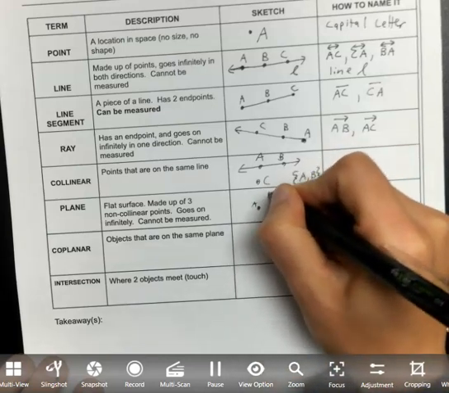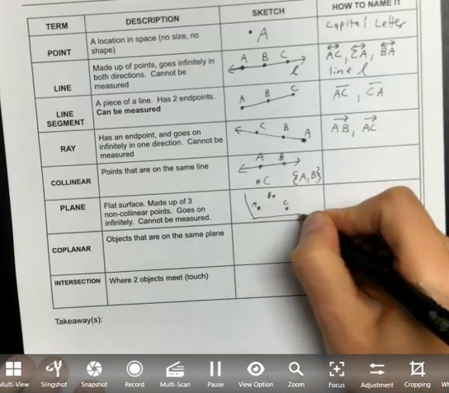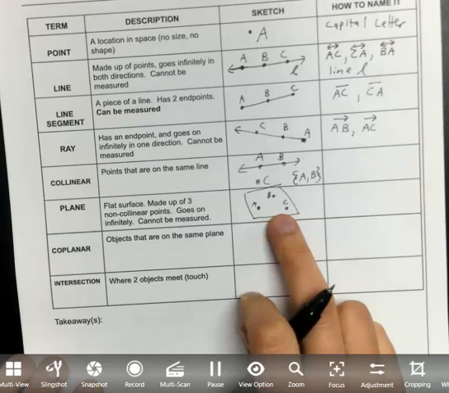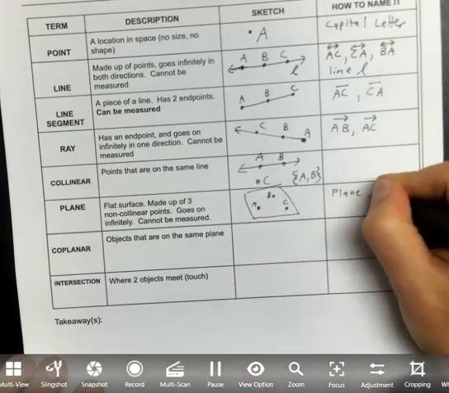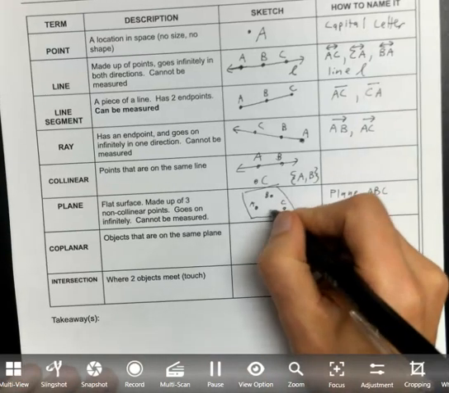So here's my points. Here's my plane, that's the flat surface. So to name this plane, I can call it plane ABC. I use 3 non-collinear points to name the plane. Have to be 3 non-collinear points.